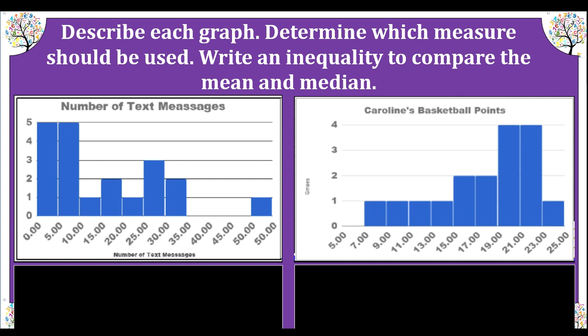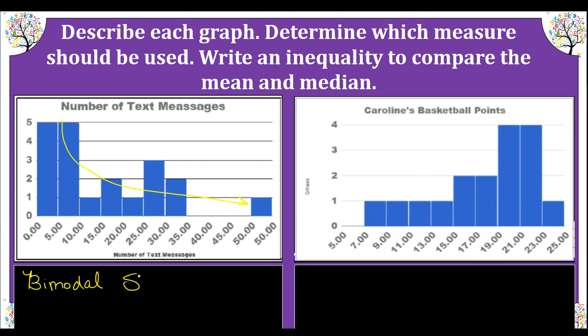Okay, let's look at some examples of how to describe some data displays. For this first one, the number of text messages sent, you can see that there are two modes. So we will describe this graph as bimodal. We can also say that most of the data is on the left, but it does have some data that is skewed to the right.